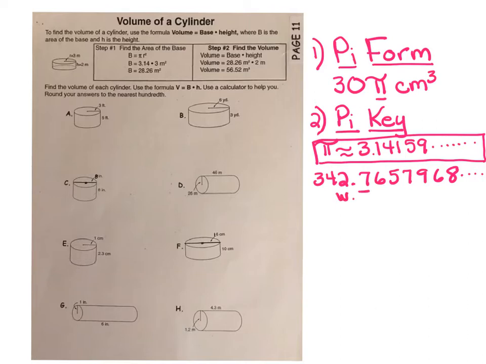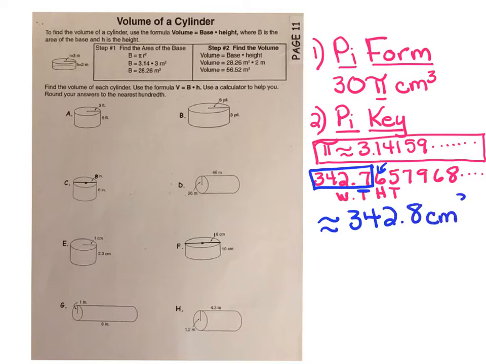So in this case, when you get an answer like this, and you might be asked to round to the tenths place, we take a look at the answer and we round. The approximate volume is 342.8 centimeters cubed.